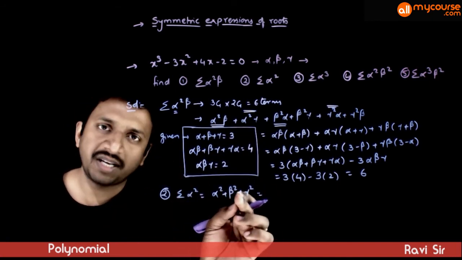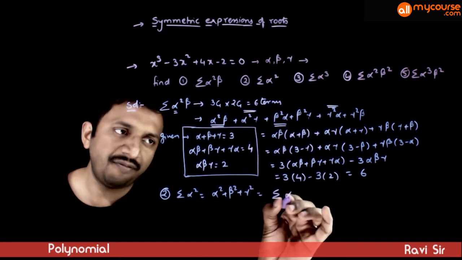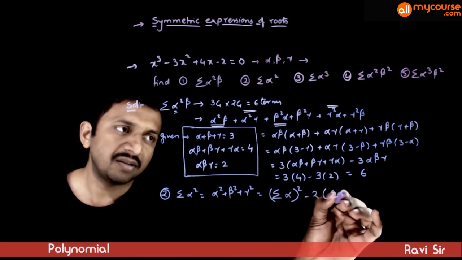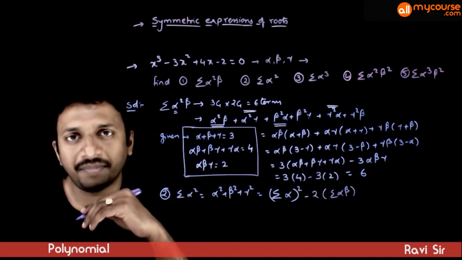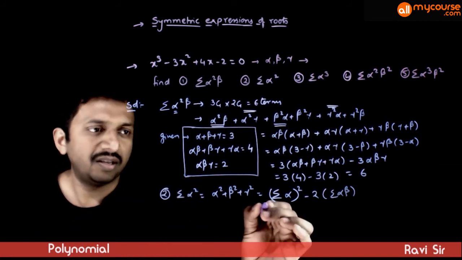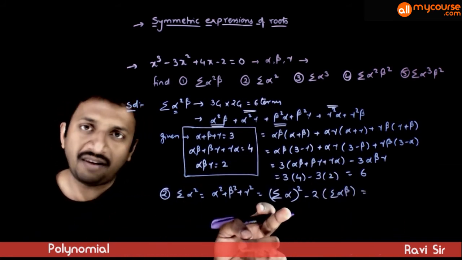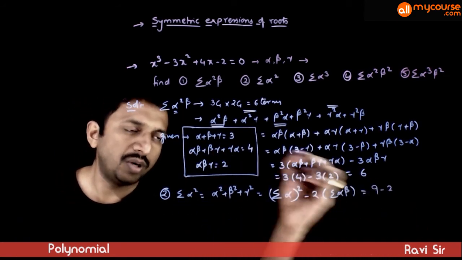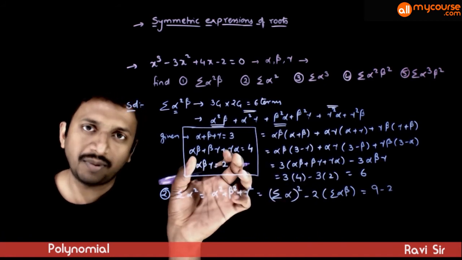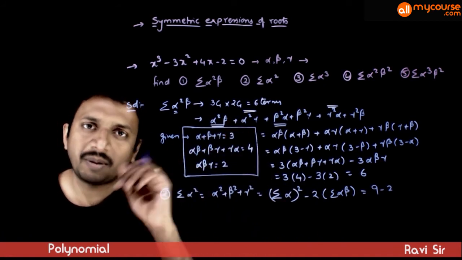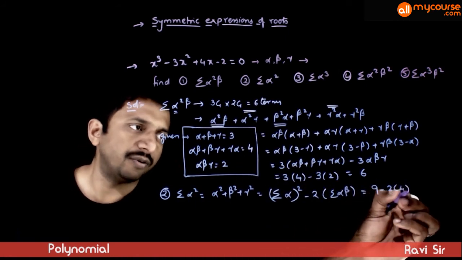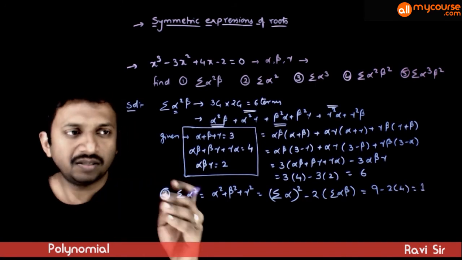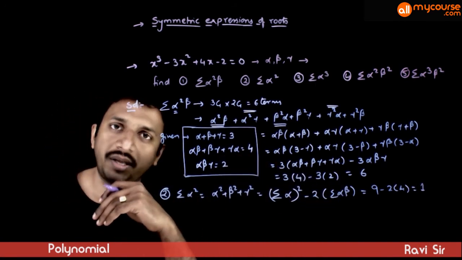Alpha square plus beta square plus gamma square is nothing but alpha plus beta plus gamma whole square minus 2 times alpha beta plus beta gamma plus gamma alpha. That is equal to sigma alpha, alpha plus beta plus gamma is 3. So 3 square is 9 minus 2 times sigma alpha beta, which is nothing but alpha beta plus beta gamma plus gamma alpha. This is equal to 4. So 9 minus 8 is equal to 1. So sigma alpha square is equal to 1 here.